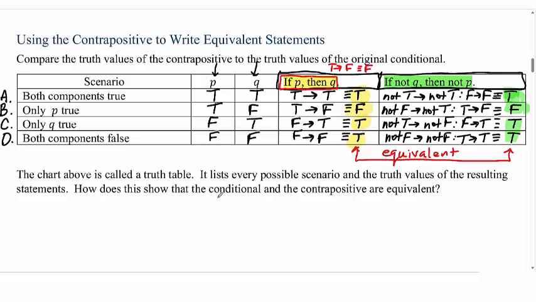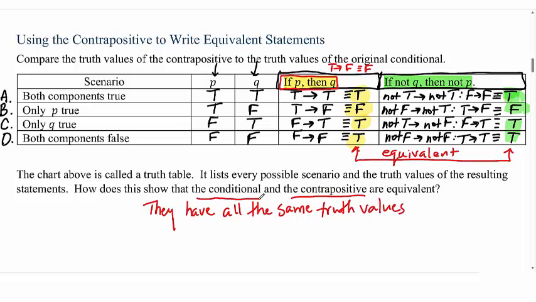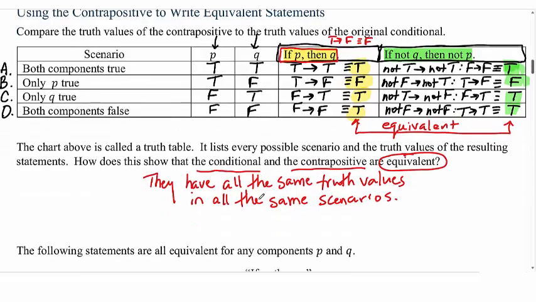So this chart demonstrates that the conditional, if P then Q, and the contrapositive are equivalent because they have all the same truth values in all the same scenarios. Which, remember, was the definition of what it means for two logical statements to be equivalent. That's something you're going to need to know for your test on the module.